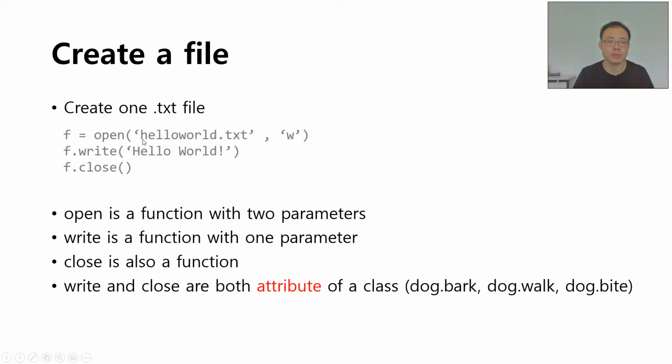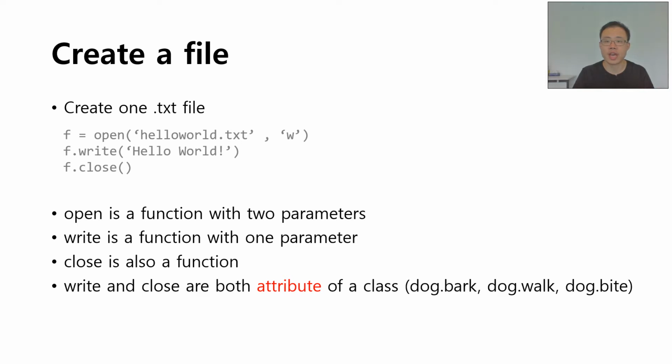This file name has to be quoted to indicate that this is a string. So open is a function with two parameters, and the first parameter is the file name under the current folder. Remember, it's a file name under the current folder, because you have a lot of folders in your computer and each folder has its own path.